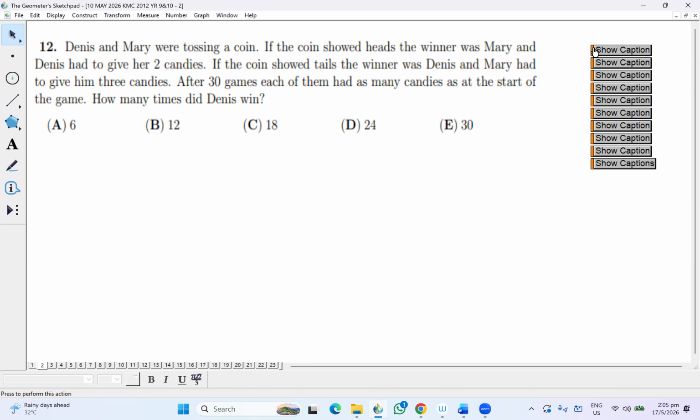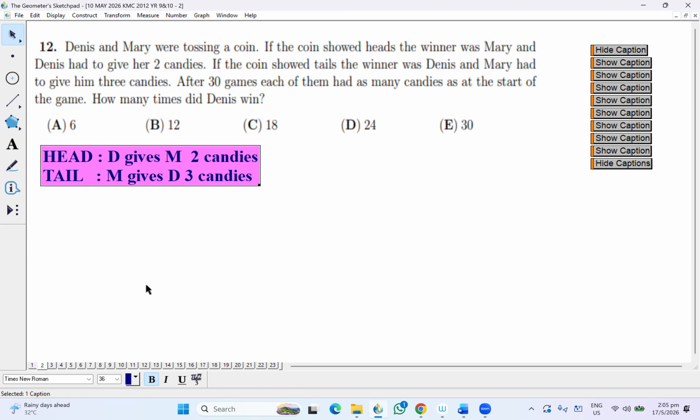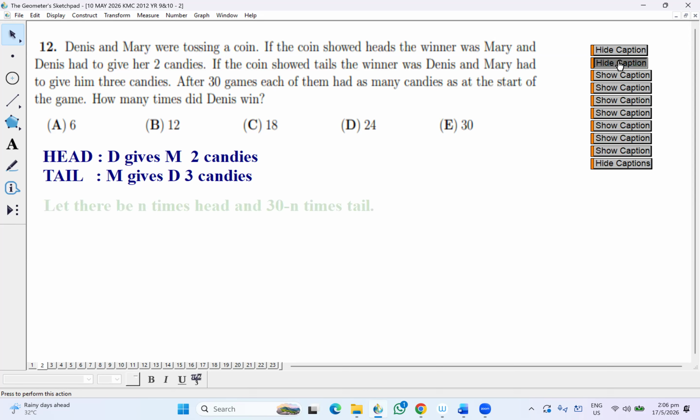So we tabulate. If head, Dennis gives Mary 2 candies. If tail, Mary gives Dennis 3 candies. So let there be n times head, and therefore 30 minus n times tail, because 30 games, 30 tosses of the coin.